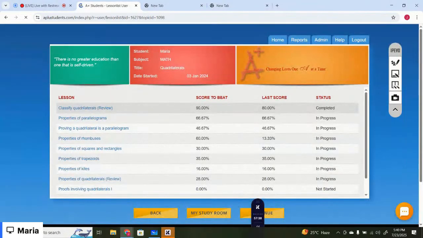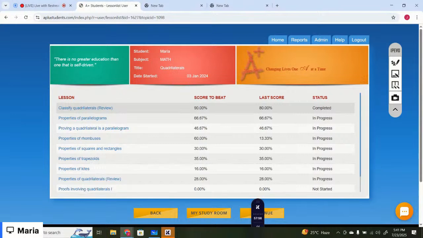So we were working on grade 10 math. The chapter we were working on is quadrilaterals. The lessons we have covered today are classify quadrilaterals, properties of parallelograms, proving a quadrilateral is a parallelogram, and properties of rhombuses.